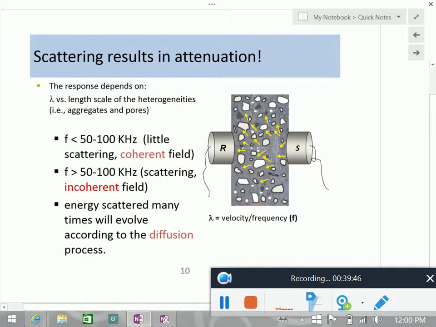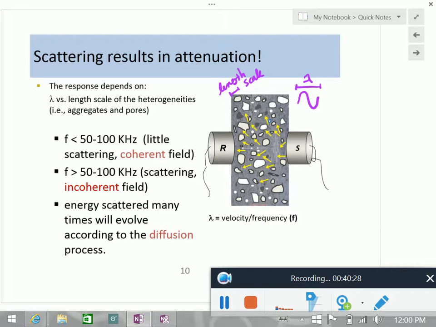So there is another mechanism for damping, and that is scattering. Now, this is a little bit different from that one. For scattering, it depends on the wavelength of the energy you are inputting to your system, and the length scale of the heterogeneities. This is the kind of scattering you experimentally observed in the lab, right?